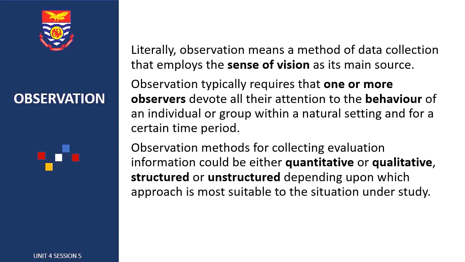Here, the observer is sent to the scene of observation, usually the classroom, with less restrictive instructions, that is, without any detailed guidelines, and simply asked to write a responsive naturalistic account of the events they witnessed, which occurred within the prescribed time. And that is the unstructured or the qualitative aspect of observation.